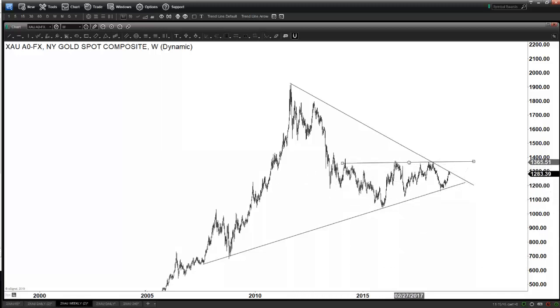This is the neckline, and this 1,300 is right around here. This is the 2011 peak. So if it does indeed break above 1,300, I think it's going to break out of this consolidation pattern and continue higher, and it can target this neckline again pretty quickly, which is 1,360.